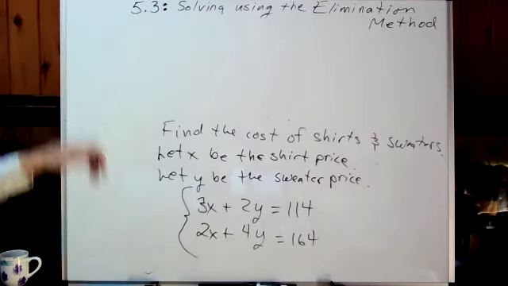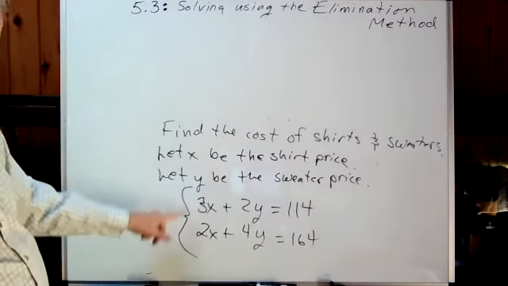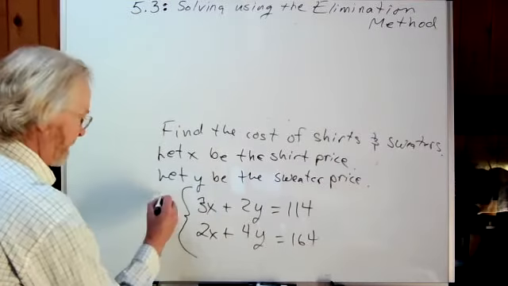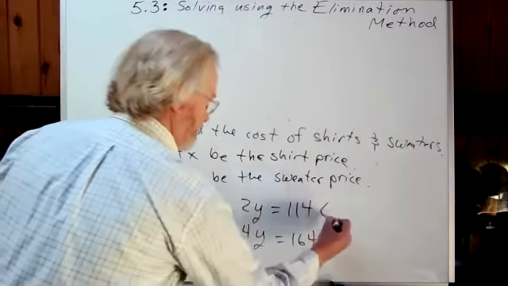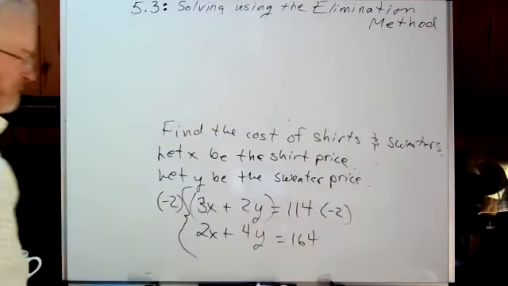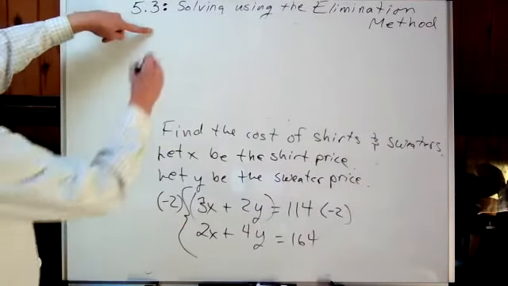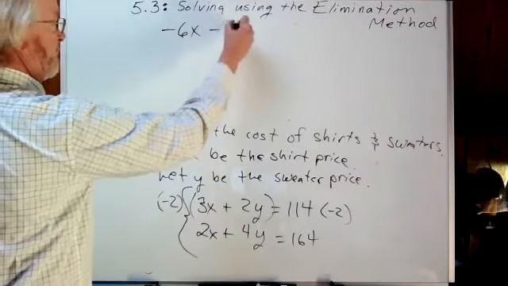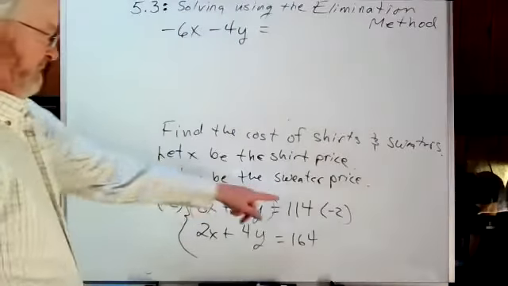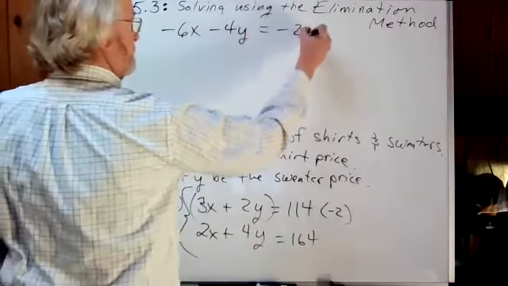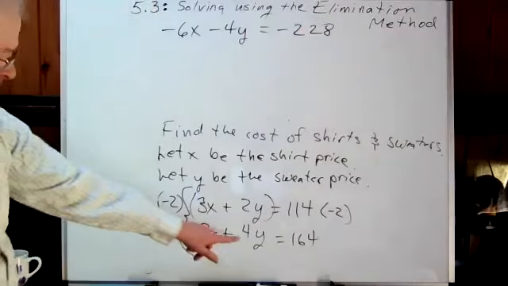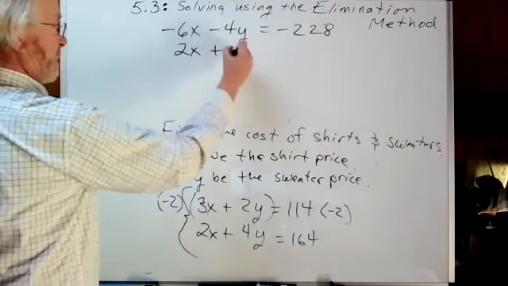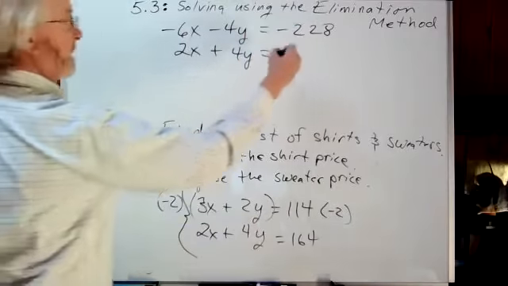But let's say as I recopy them, I could turn those into 6's, but I could make those both 4's, right? How about if I multiply this whole first equation times -2, right? So as I rewrite it, -6x minus 4y equals negative 228. The 4 is already there, so I'm just recopying this one. 2x plus 4y equals 164.